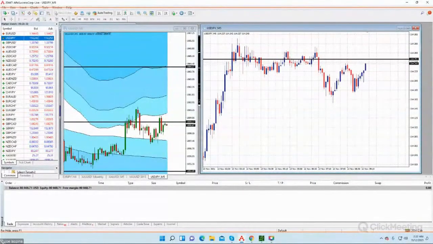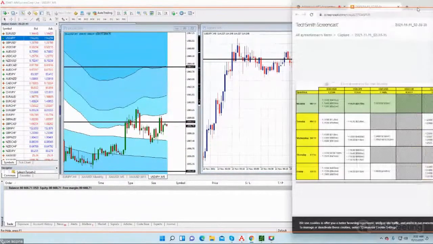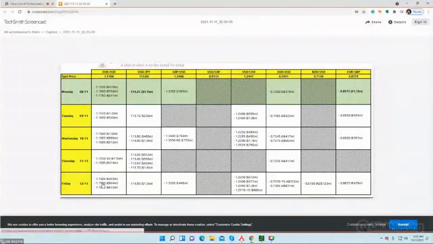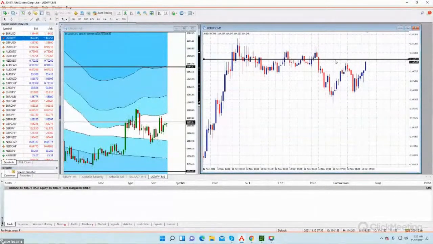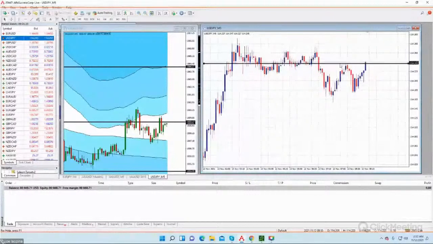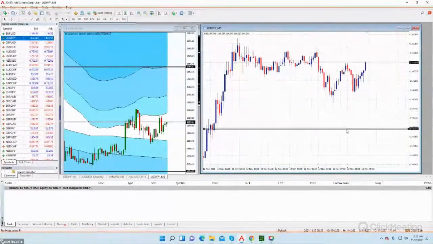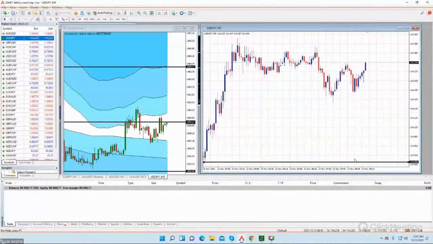So for example, this is the option for dollar yen. This is dollar yen. Today is Friday, $1.5 billion. So we need to watch 114 today for $1.5 billion. 114, it's right here.